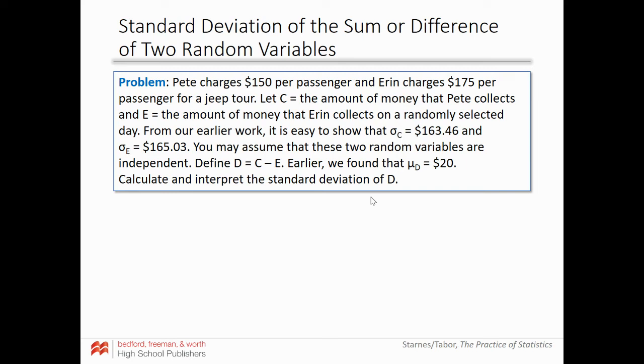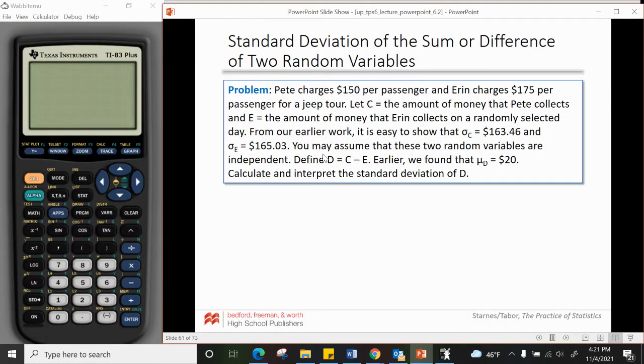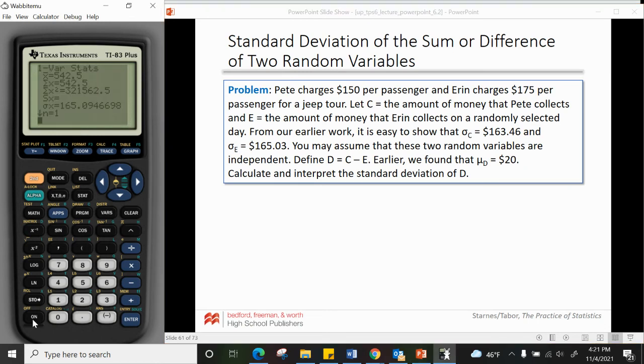So I have to do the variances. I have to square both of these values, add them, and take the square root. So let's go ahead and see. All right, got my calculator up now. So C minus D, I'm going to do 163.46 squared plus, I know it says subtract, I know it says subtraction, but we are always going to add their variances.